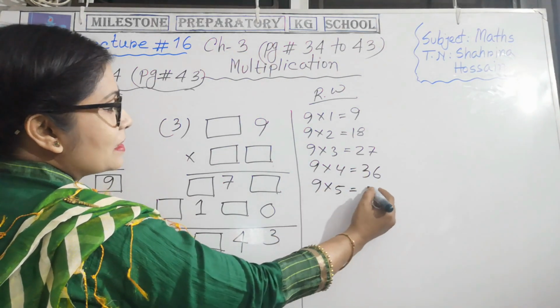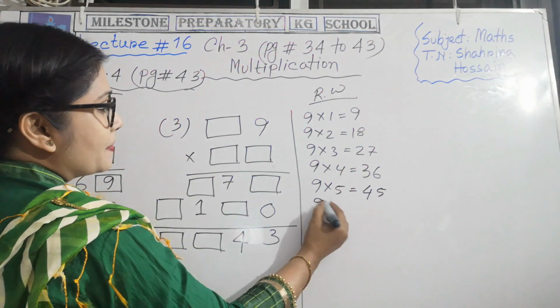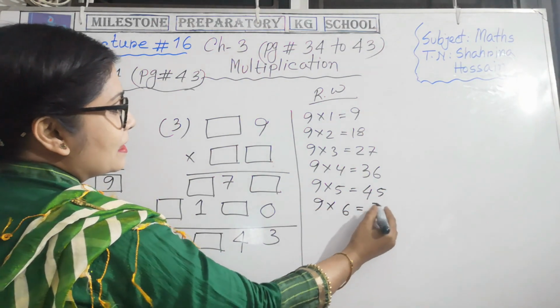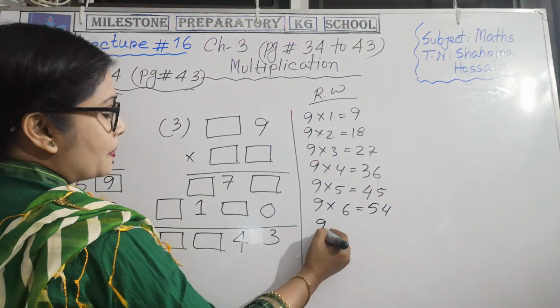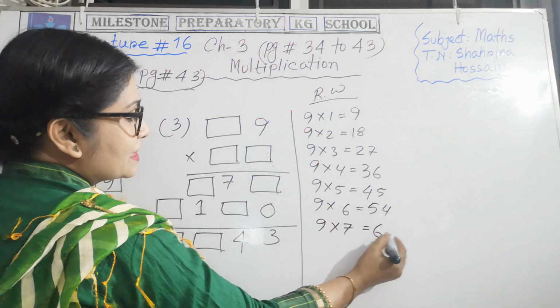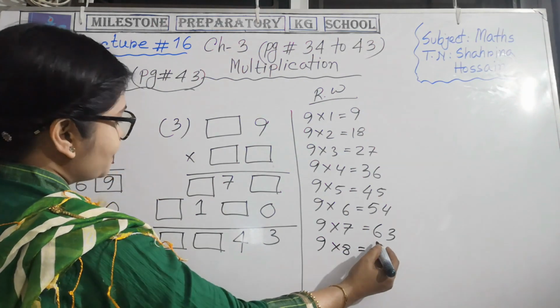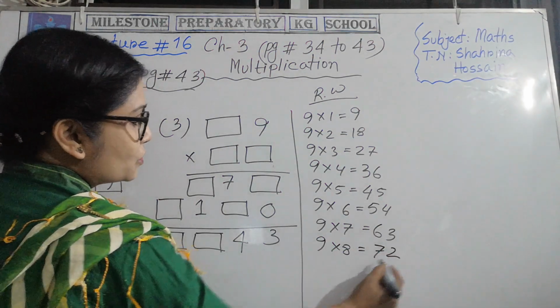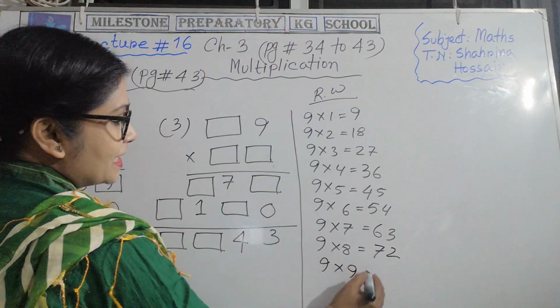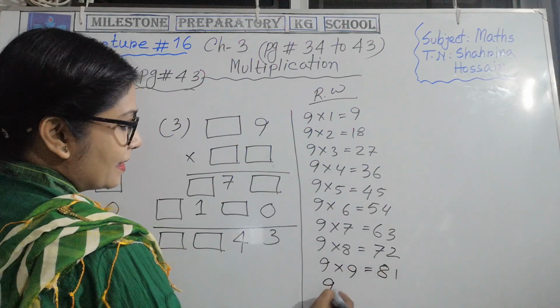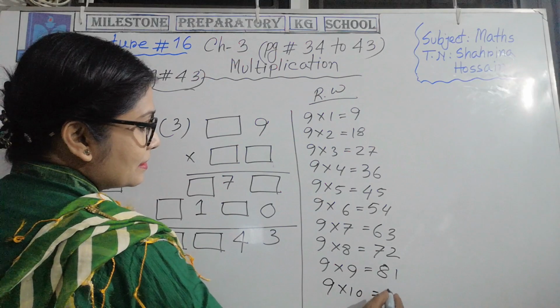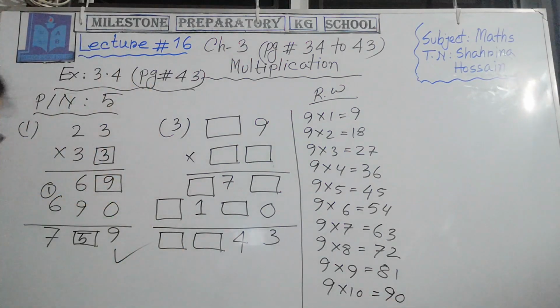Then 9 5s are 45. 9 6s are 54. 9 7s are 63. 9 8s are 72. 9 9s are 81 and 9 10s are 90. If you observe this math, you can easily understand which number we are taking.